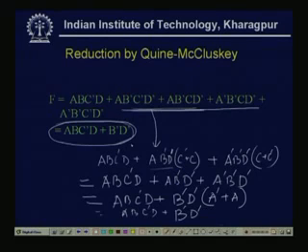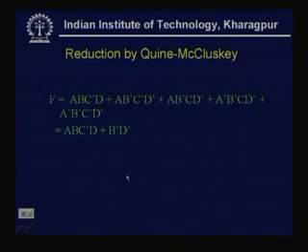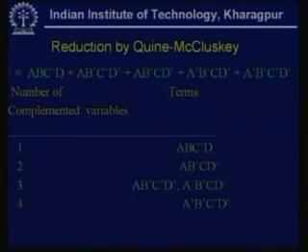Now, we see if I apply the Quine-McCloskey rule. Now, see first what we are doing, we are applying the rule that say we are computing number of complemented variables and the terms. See here there are 5 terms. Now, in the terms which have the complemented variables 1.